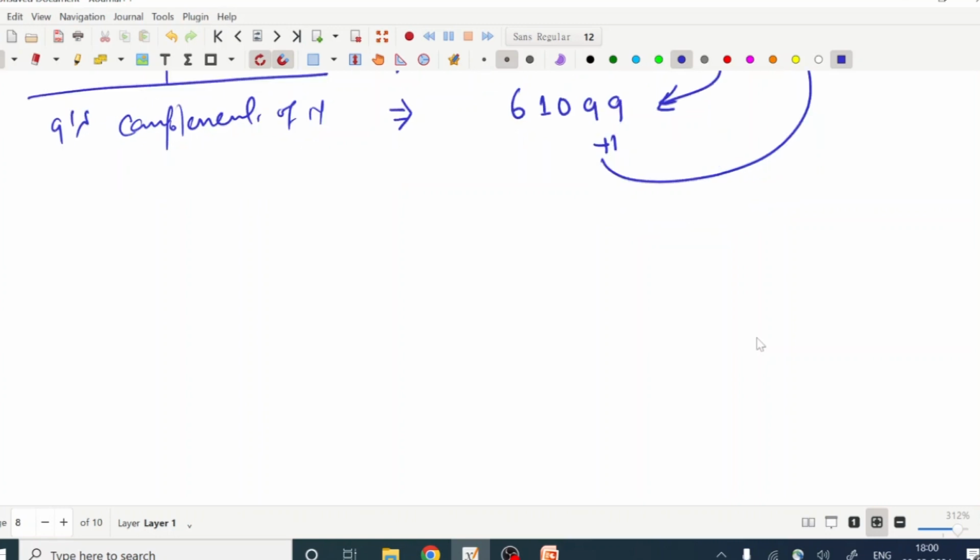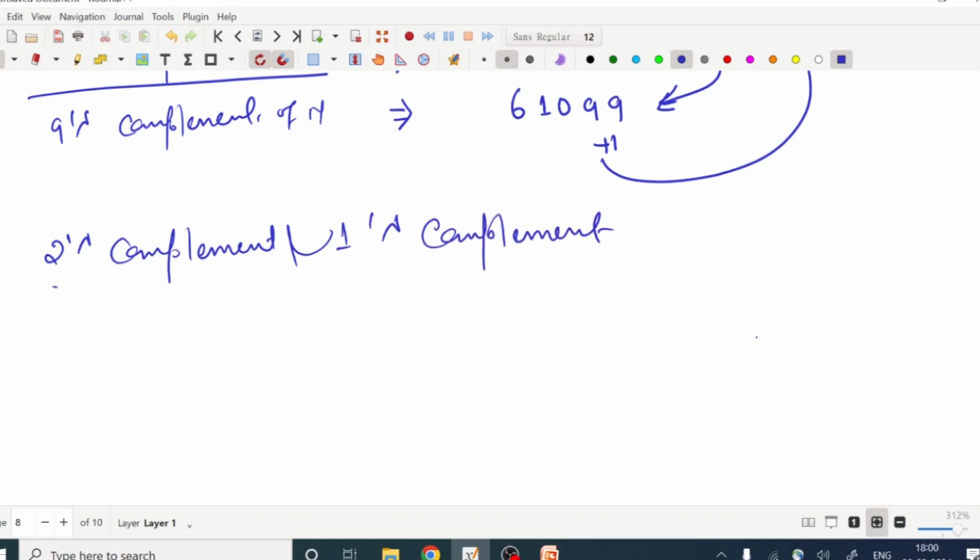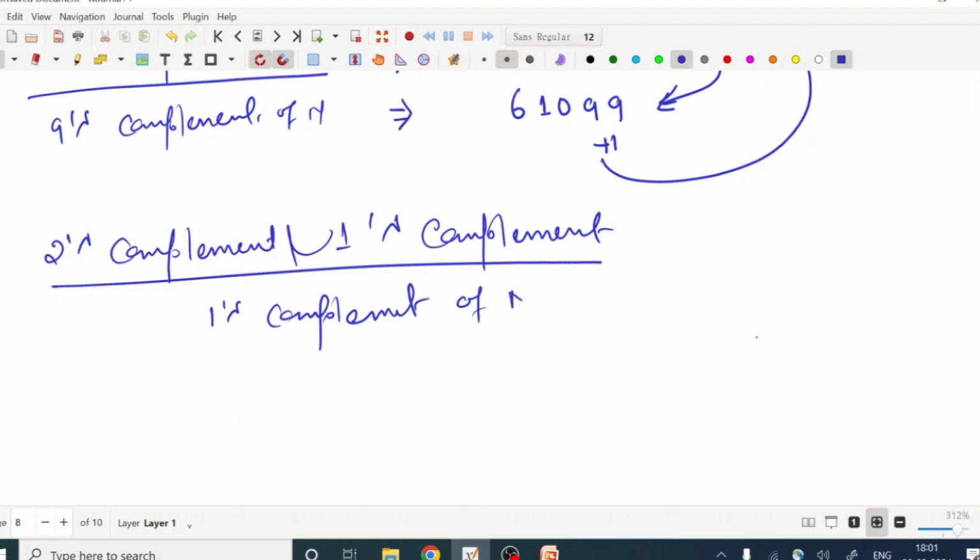A similar case happens in the case of the 2's complement and 1's complement. In the case of the 1's complement, suppose the number n is 1 1 1 0 0 1 1 0 1.